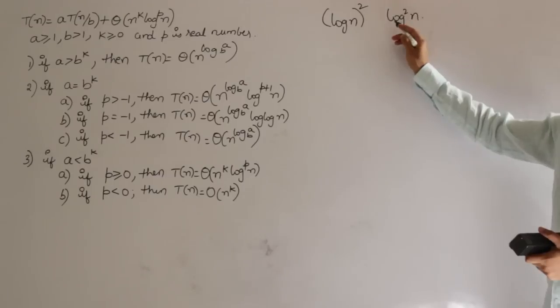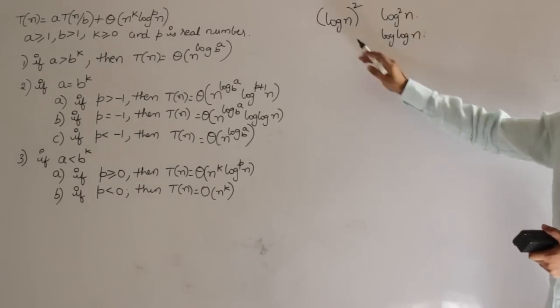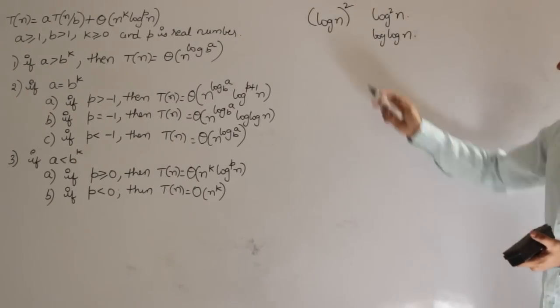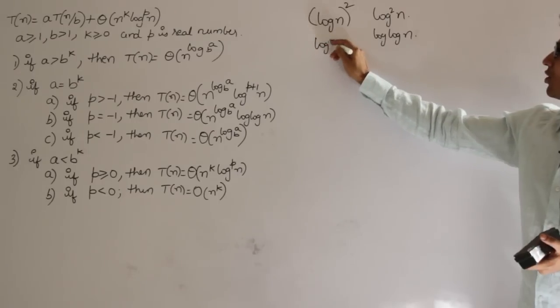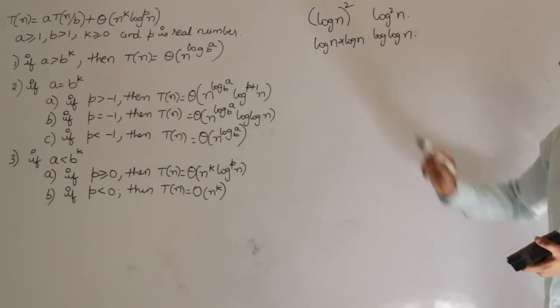The difference is that this is equivalent to log n into log n, and this is equivalent to log n squared. So that is what you should keep in mind.